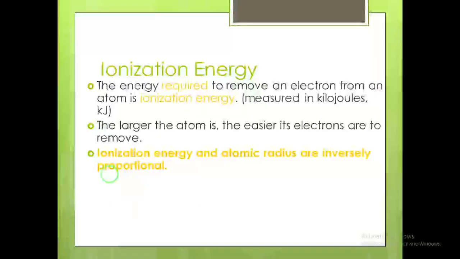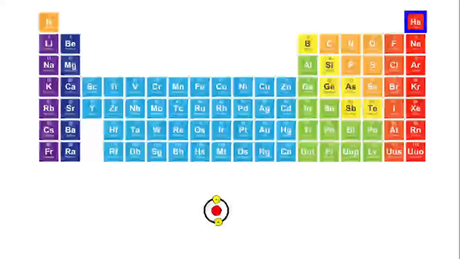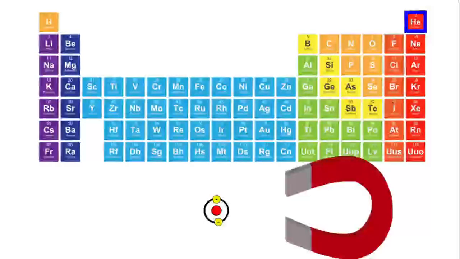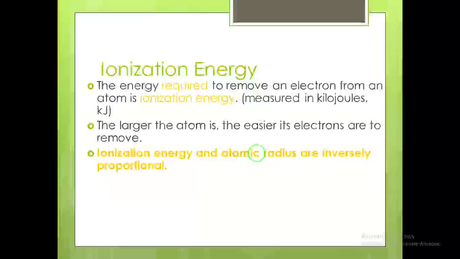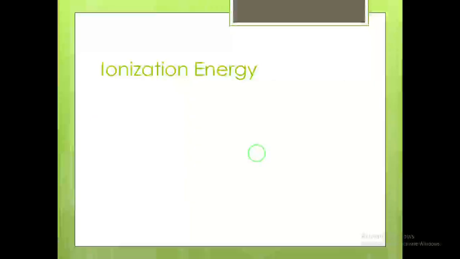So that's why ionization energy and atomic radius are inversely proportional. When the atomic radius is large, since it can easily give out the valence electron, the ionization energy required is small. When the atomic radius is small, the force of attraction is so much that we require a large ionization energy. That's why we say they are inversely proportional.